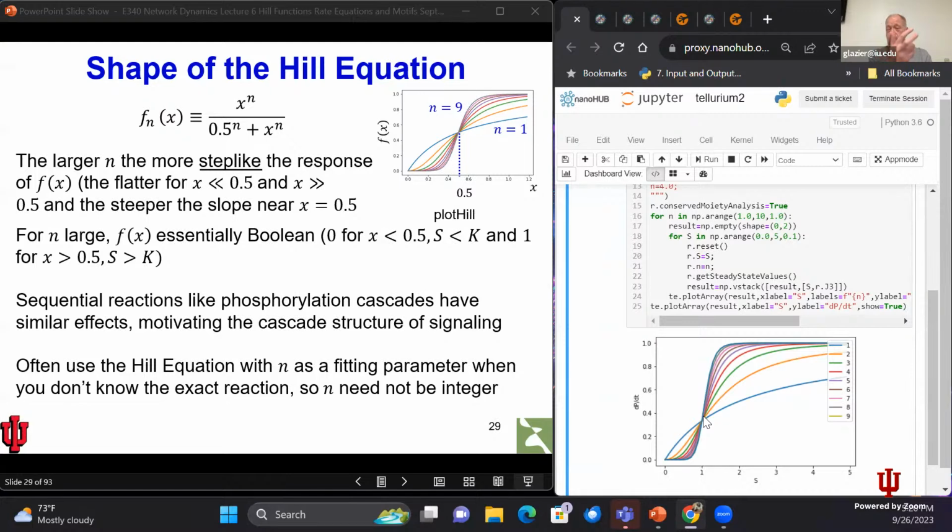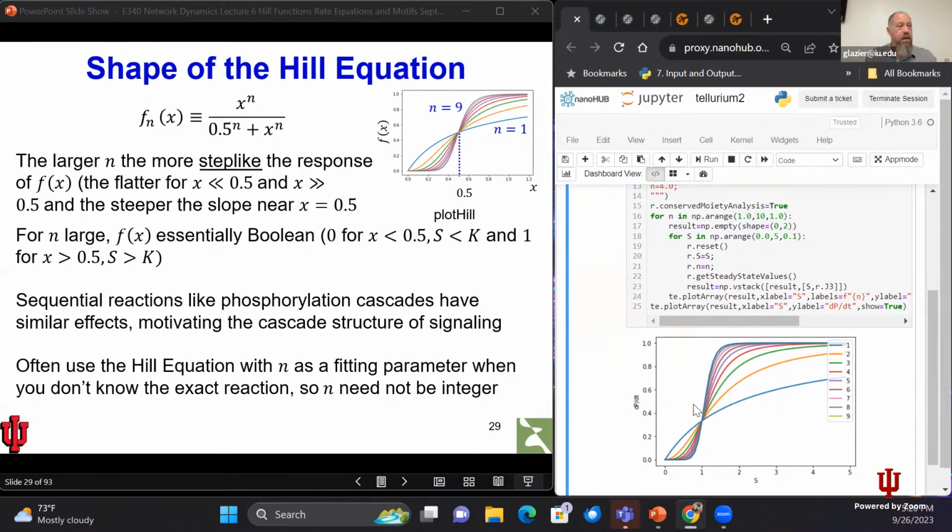If I take s and replace it with 2 minus s, I don't swap the shape. If I use the hyperbolic tangent, it's symmetrical in the x-axis, and that has some advantages. But the Hill function is the one that we typically use in reaction kinetics.